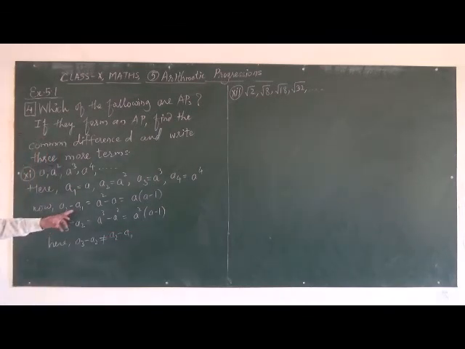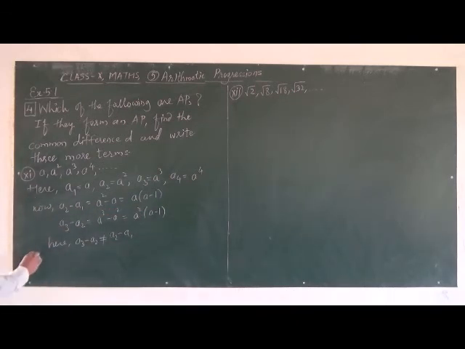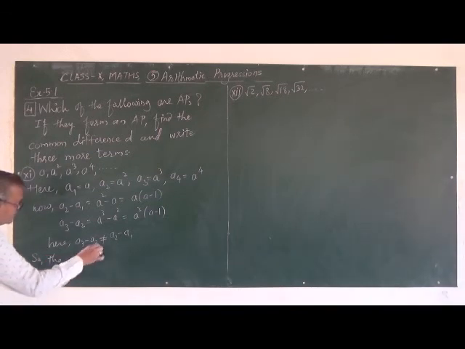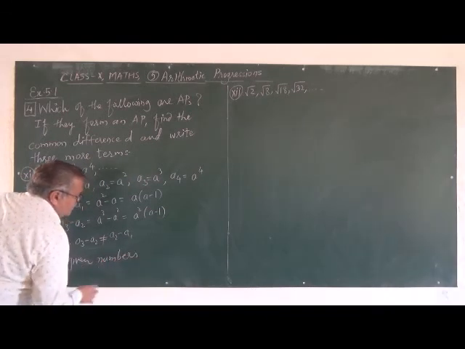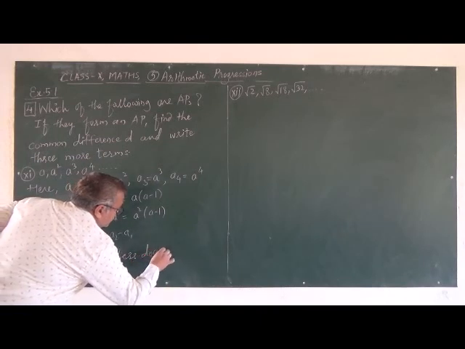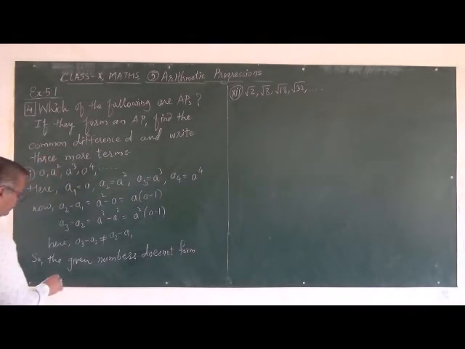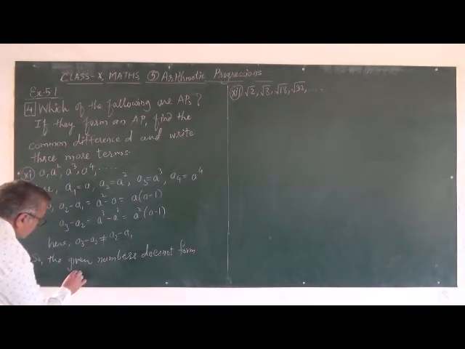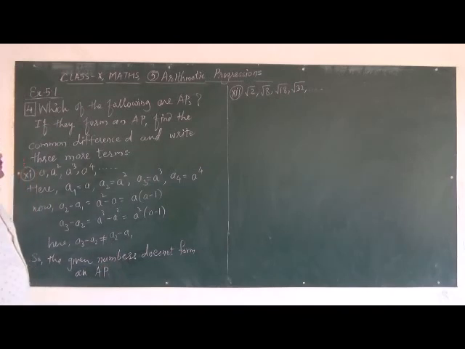You can see a2 minus a1 is a into a minus 1, and a3 minus a2 is a square into a minus 1. So they are not equal. So the given numbers do not form an AP.